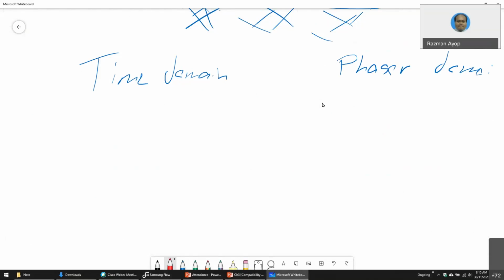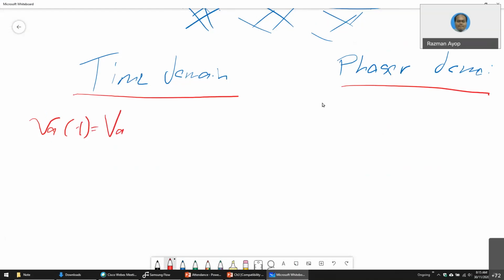For time domain, for red for example, if you use VA in time domain, make sure you use the correct term. VA(t) equals Vmax. Assume I use Vmax is 340 sine WT.